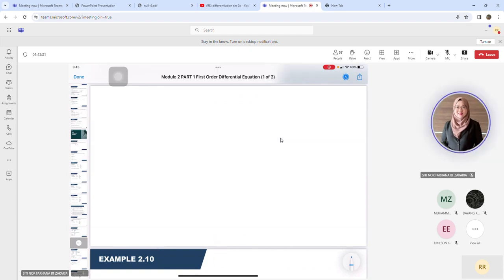Okay. So we already identified that DE is homogeneous. Then the second step, we need to replace sum of variable into new variable form. So for example, y equals to xv. We need to replace y as xv, and then dy dx, we need to replace it as v plus x dv over dx.